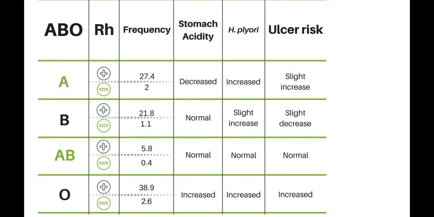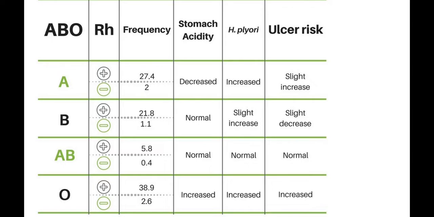People with O type blood have higher acidity of gastric juice, and they digest animal protein better than other types, especially people with blood group A. They have reduced acidity of the gastric juice, and they don't digest animal proteins very well.